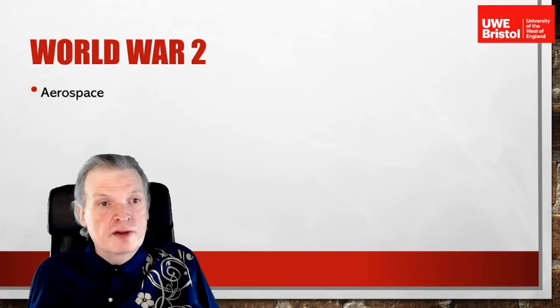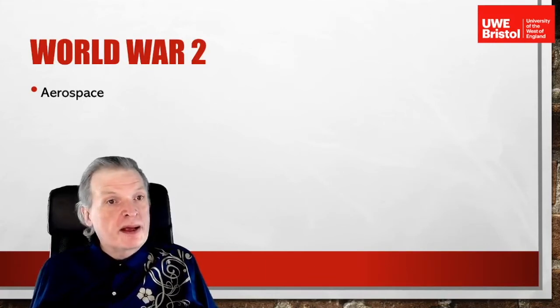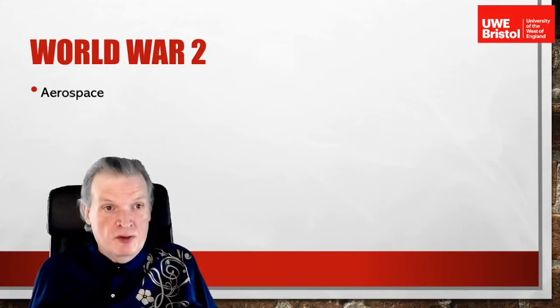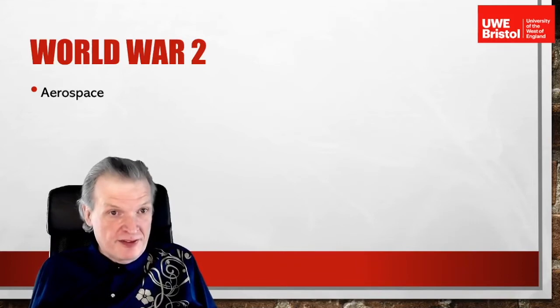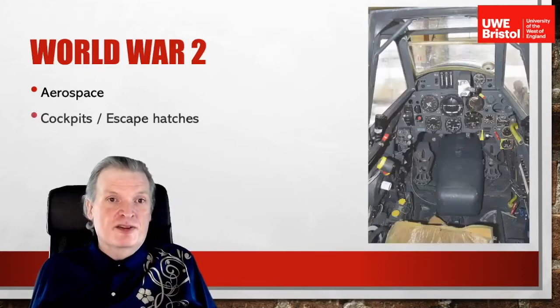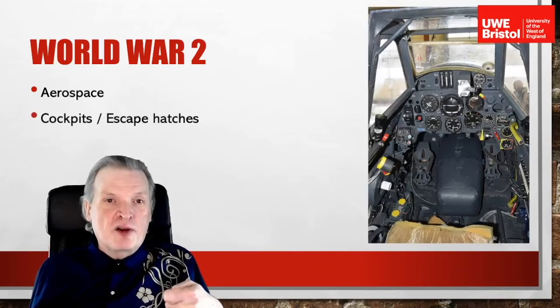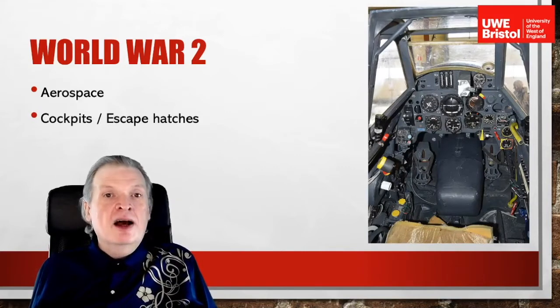Now, the origin of human factors was back in World War II, really in the aerospace industry. In World War II, fighter planes were getting very fast and very dangerous. And cockpits in particular are really complicated.